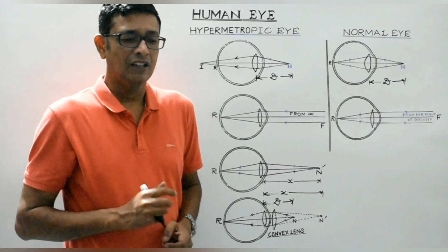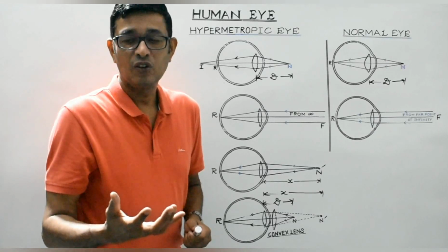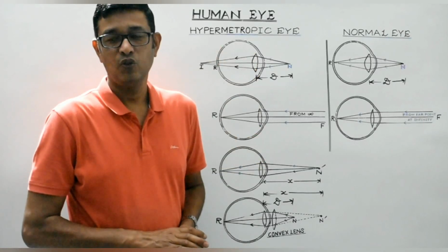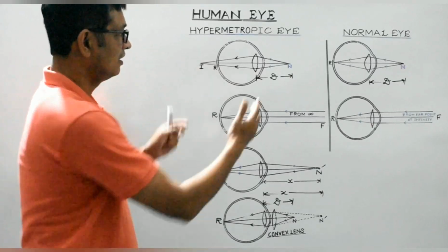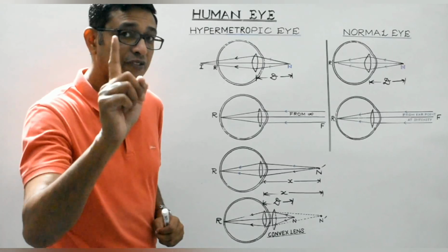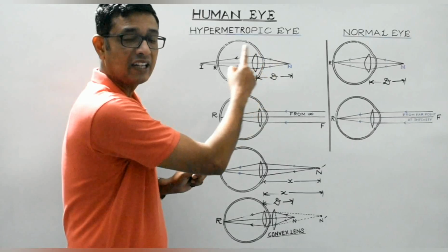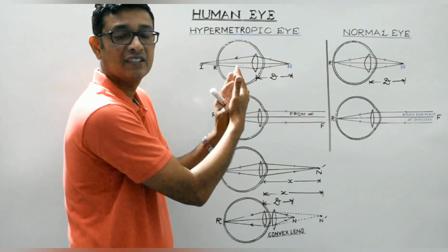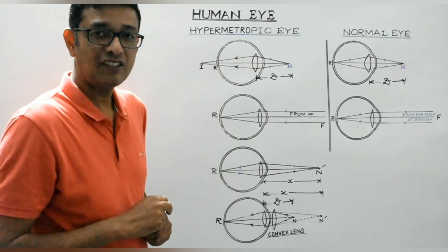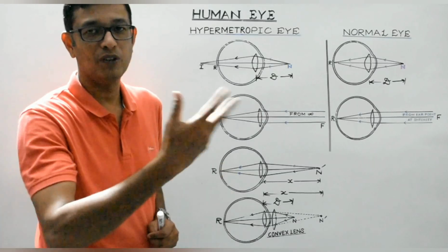And before that, we need to recapitulate the causes for the occurrence of this hypermetropic eye. What might be the causes? The shortening of the eyeball. This is the first reason. Shortening of the eyeball means the distance between the eye lens and the retina is less than the normal distance. Or, the second reason: the focal length of the eye lens increases beyond the normal focal length.